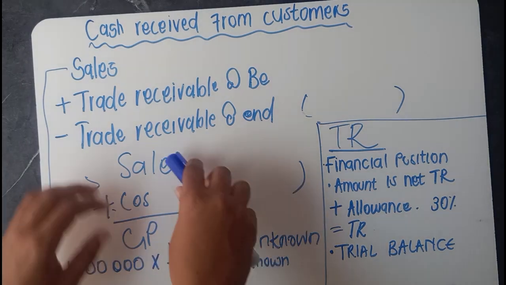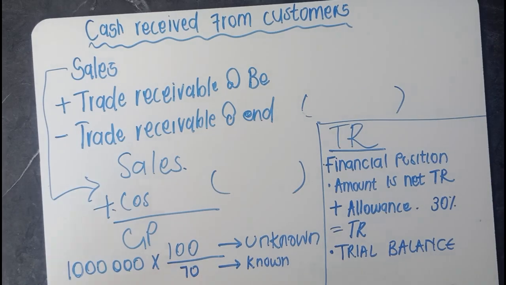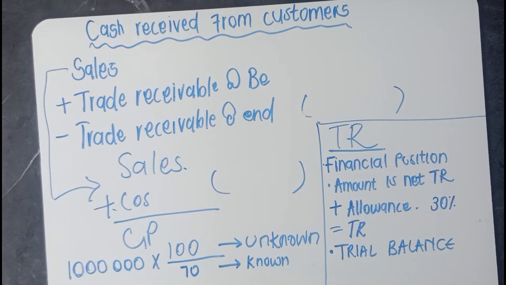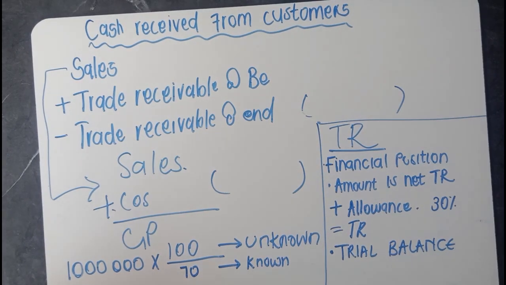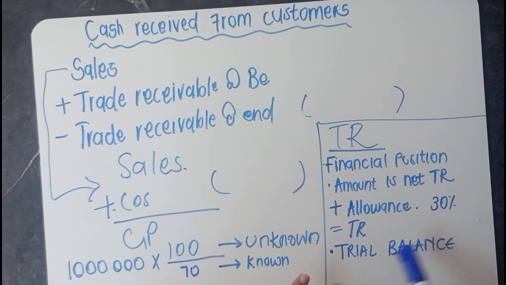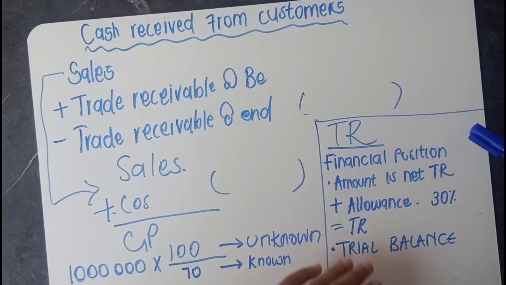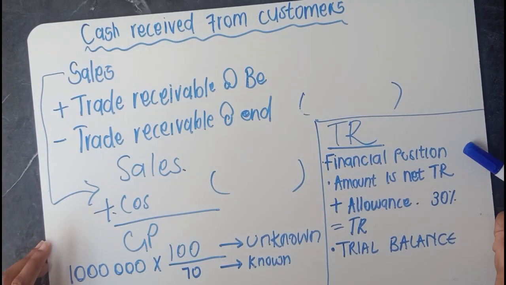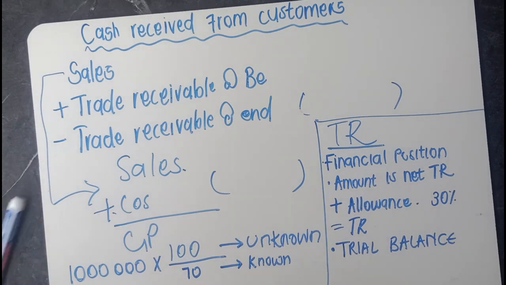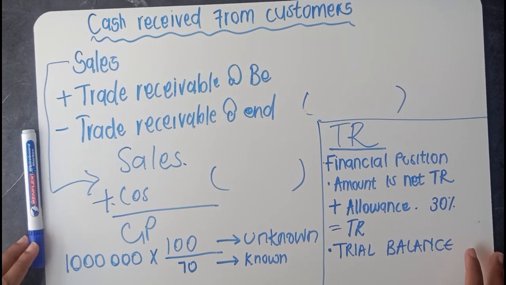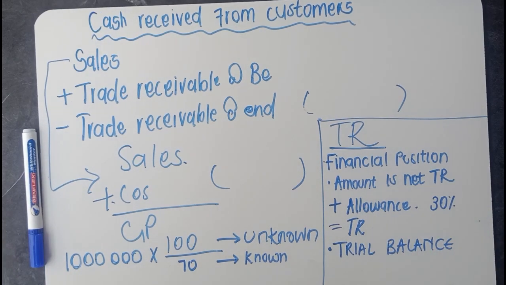The catch may be around the sales, but they can't make it more difficult than you can think of. It could be complex or straightforward. So just remember what happens when I have a trial balance account, and what occurs when I have a statement of financial position. How do I tackle the trade receivable? That's the catch.